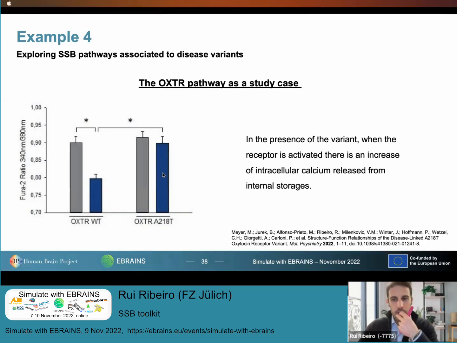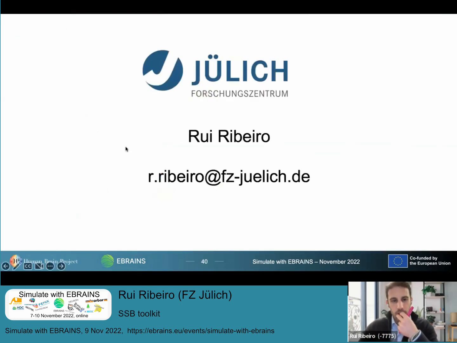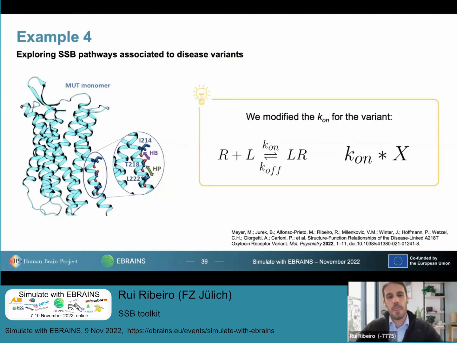The problem was that the mutation was far away from the binding site of the oxytocin, so somehow we had to think in a different way of using the toolkit. We thought that this mutation, because it's far away from the binding site, does not affect the binding of the oxytocin, but somehow changes the activation state of the receptor.